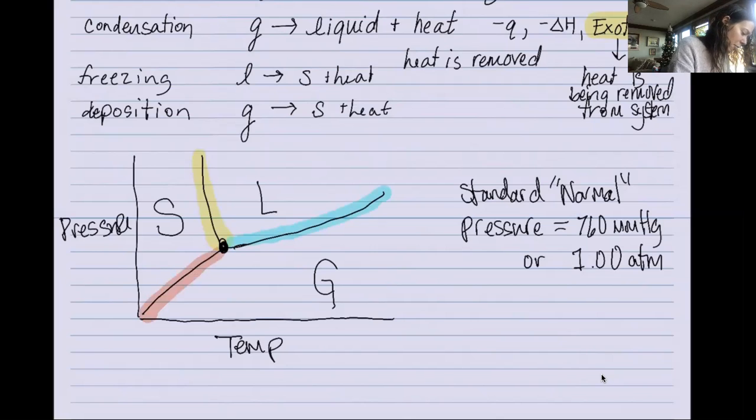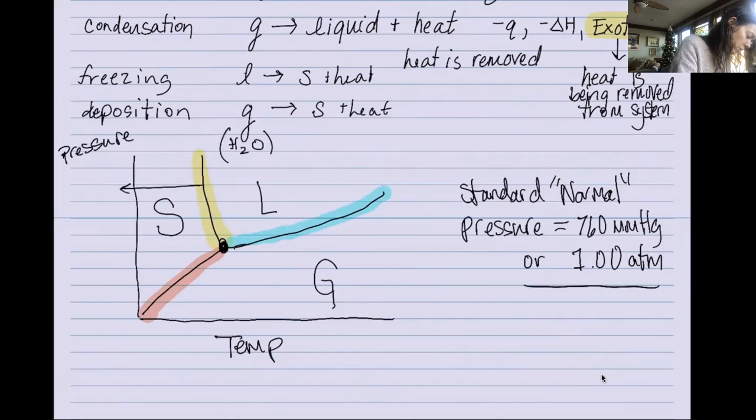So if my pressure, let me move this a little bit out of my way, were normal, and this was for water, then let's make our pressure standard, 760 mmHg or 1.00 atm.